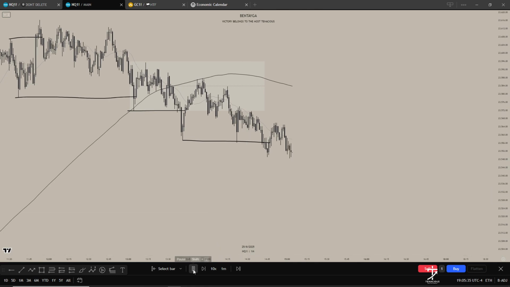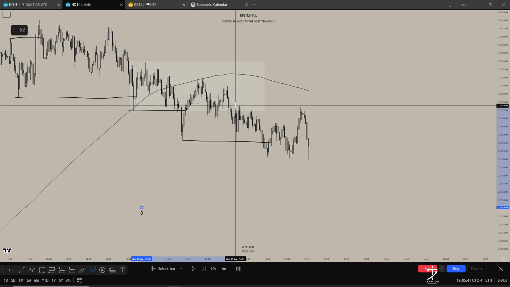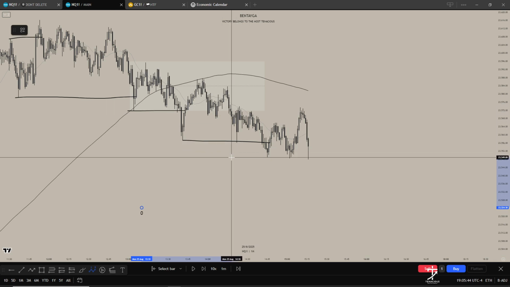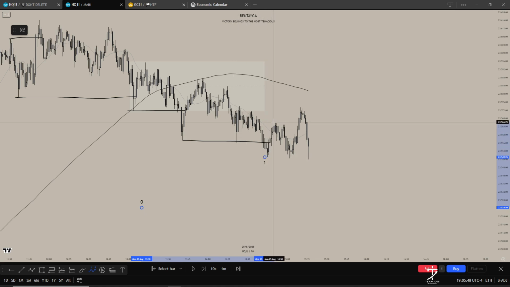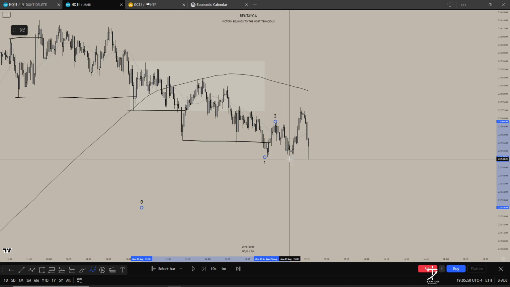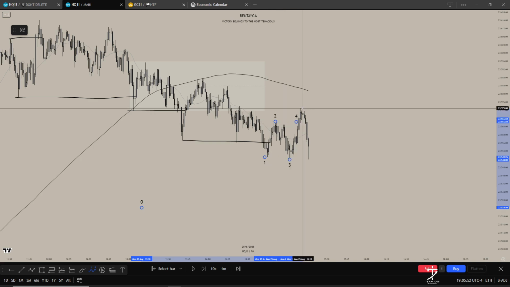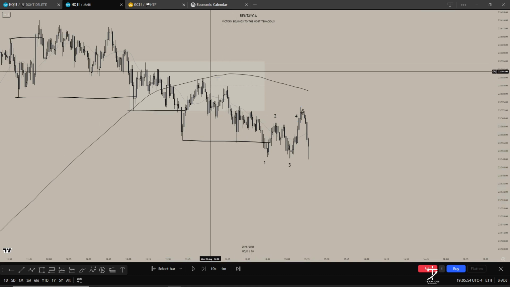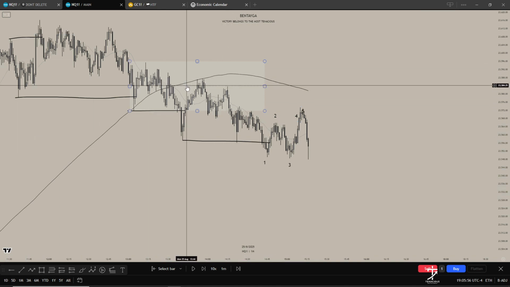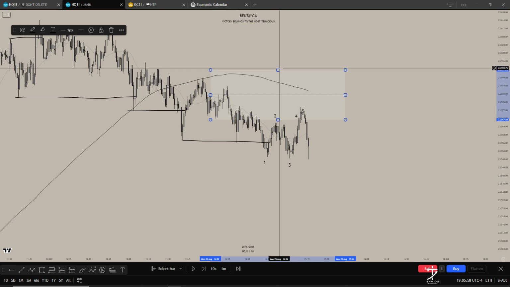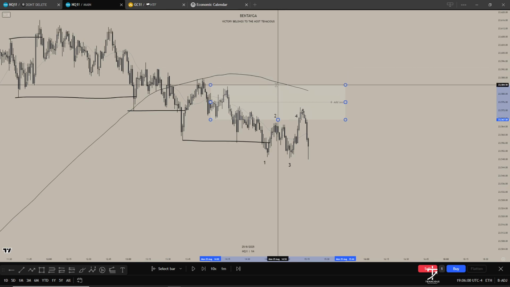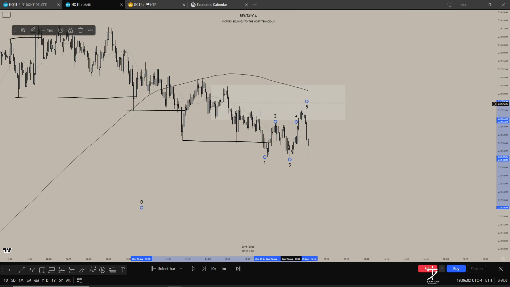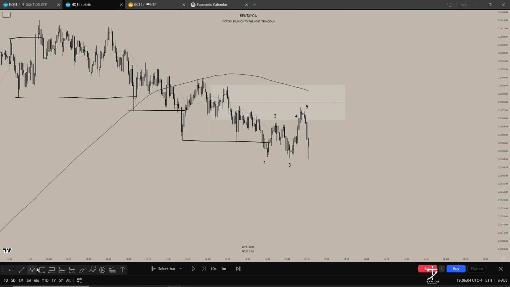So when we let price play out, that happened a little bit too quick, but essentially this is one, this is two, this candle here is 3, 4, 5, and then you can say that price potentially tapped into this area, and then that could be your call, where now you're looking for potential shorts.